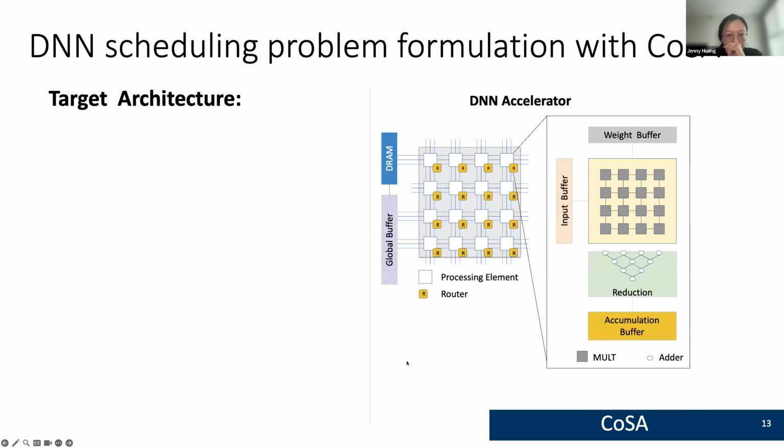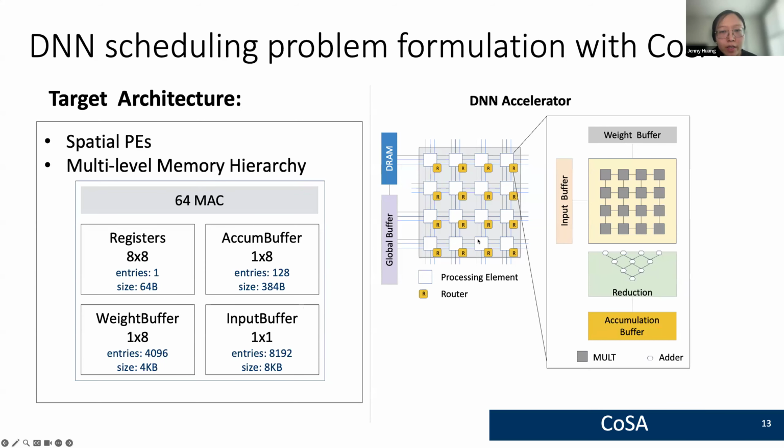COSA targets accelerator architectures with spatially laid out PEs and a multi-level memory hierarchy. The hardware constraints we show in this example are as follows. Within each PE, we have 64 MACs, and we assume 8x8 registers, each with an entry size of 1.